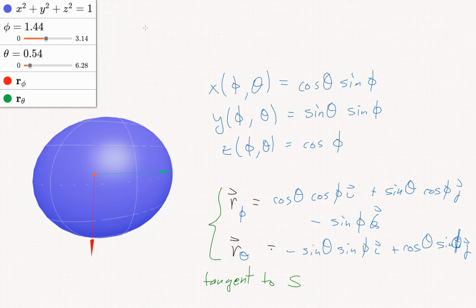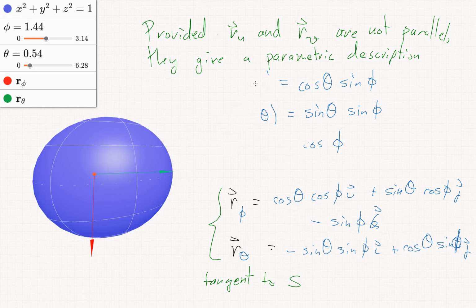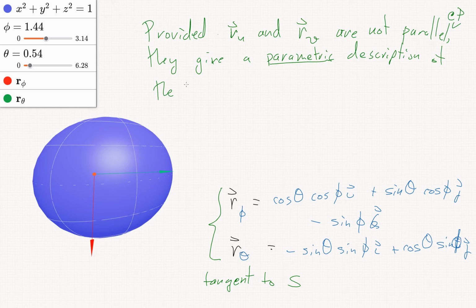Provided R sub u and R sub v are not parallel at a point P, they give a parametric description of the tangent plane to S at P.